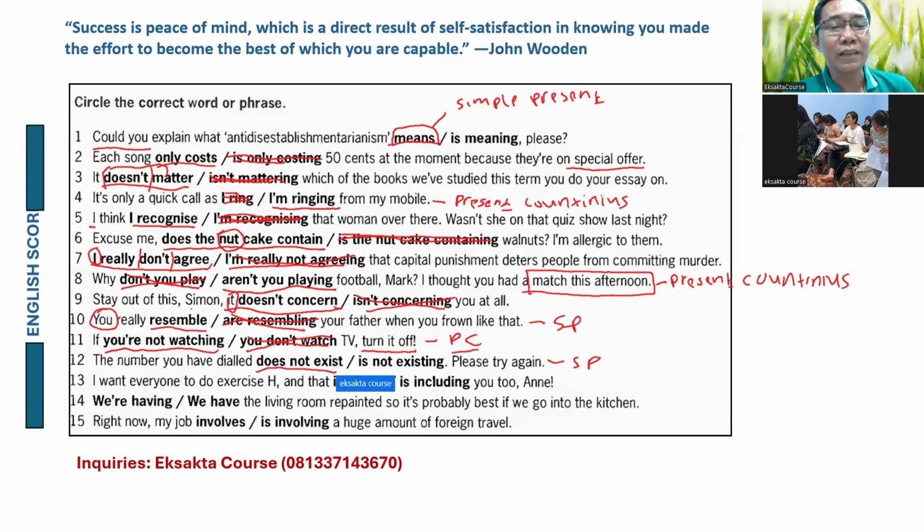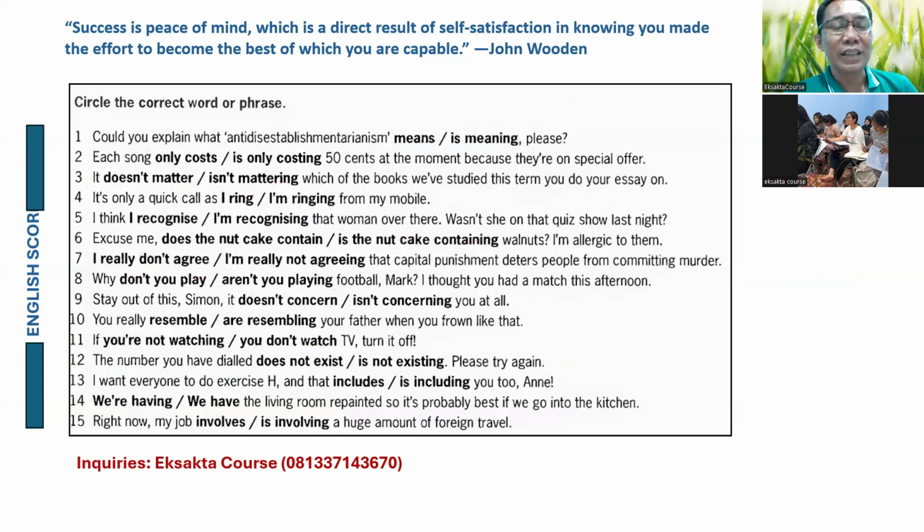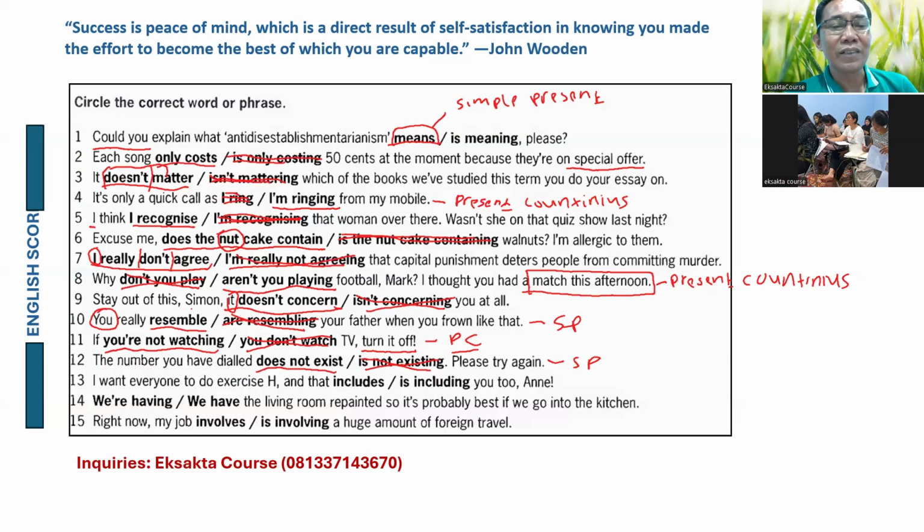We use does not because the subject is he, she, it. Here the subject becomes it because of the number you have dialed, so we underline the number. For negative, we use does not. Even though the subject is number, it, exist is without s or es because there is does already.